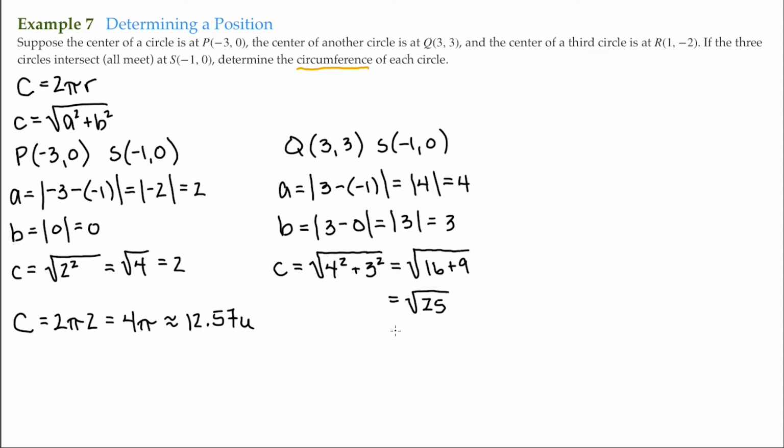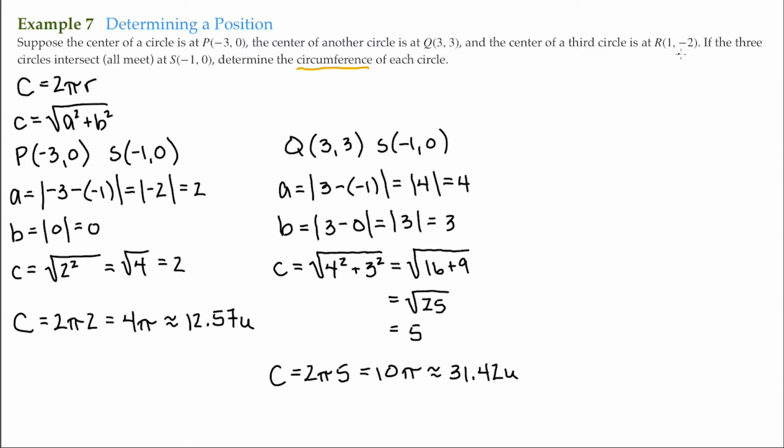And the square root of 25 is 5. So the circumference, that's 2 pi r, and r is 5, so 2 times 5 is 10, that's 10 pi. And again, you can plug that in your calculator, and that comes out to be approximately 31.42 units.